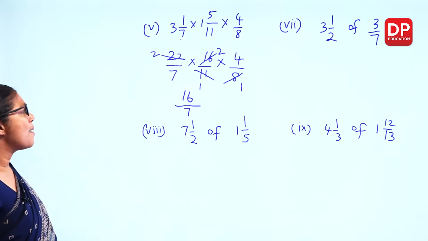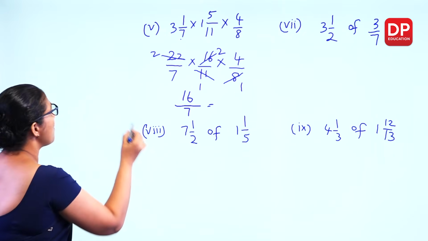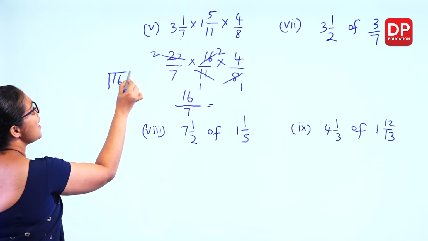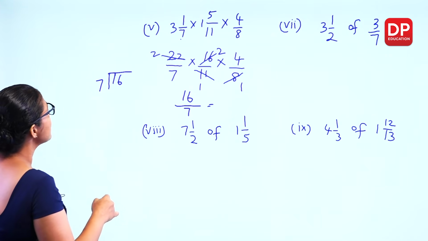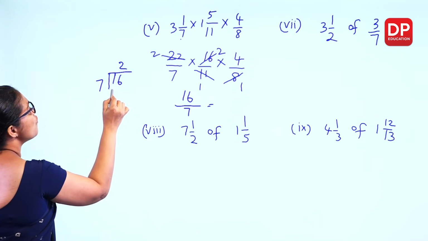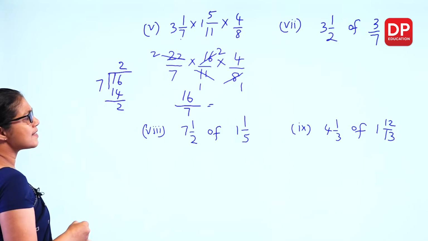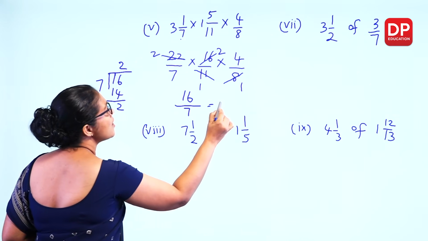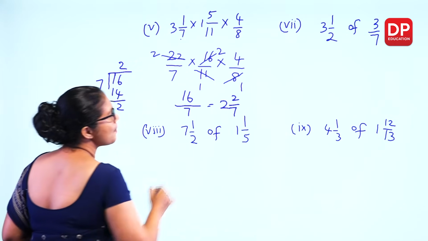Here you get an improper fraction. So we can convert to a mixed number. How do you convert? You divide 16 by 7 and see how many whole parts are there. 7 times 2, 14. Remainder is 2. So instead of 16 over 7, you can write 2 whole parts and 2 sevenths.